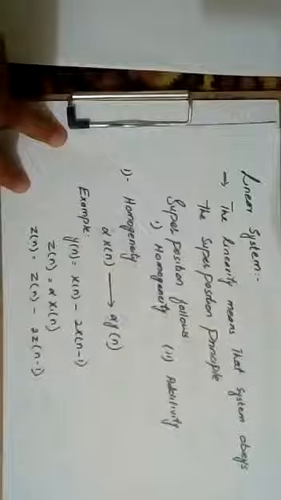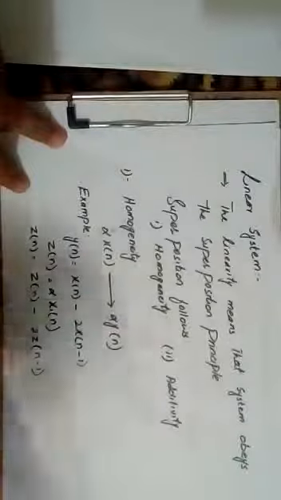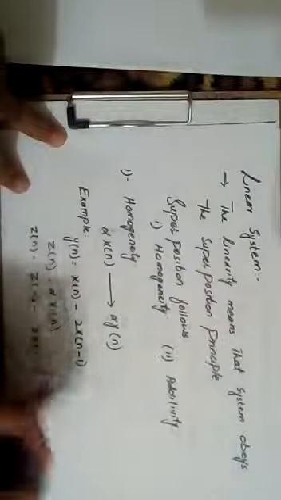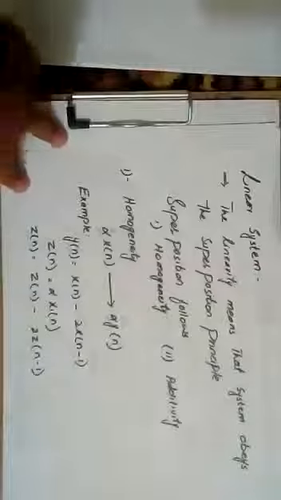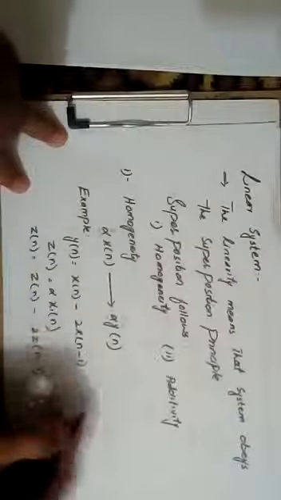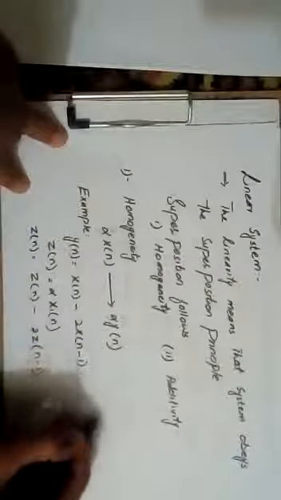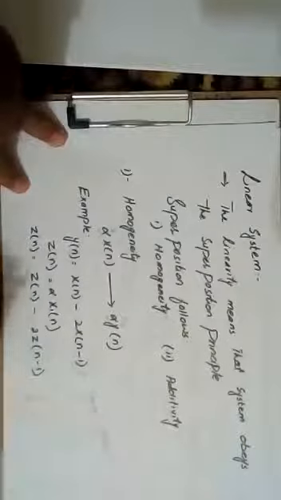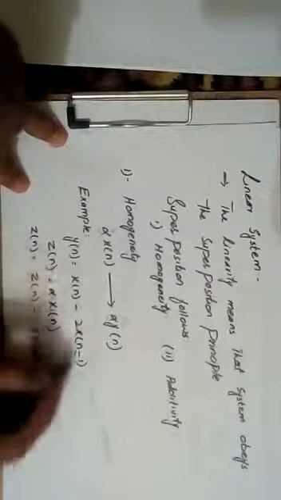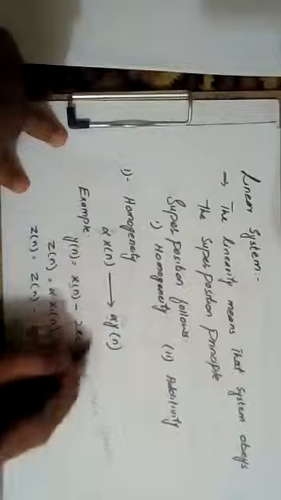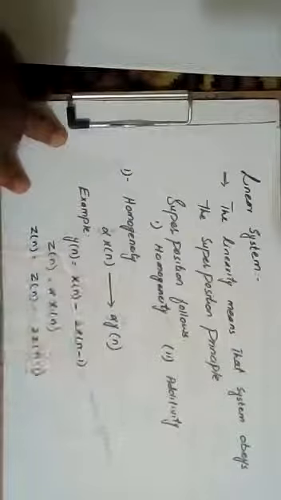For example, I have y of n is equal to x of n minus 2 into x of n minus 1. This is a causal system because it depends on the present and past values of the input.